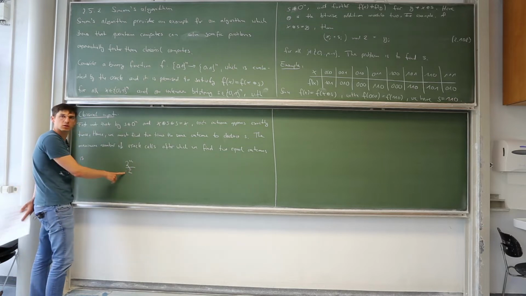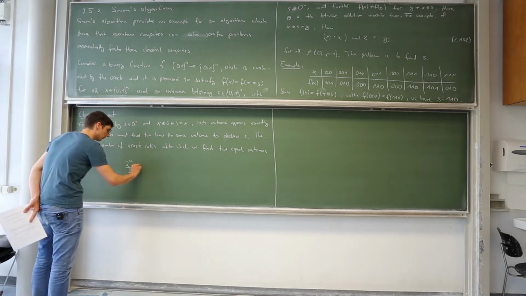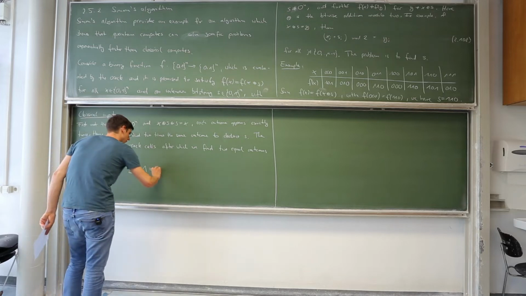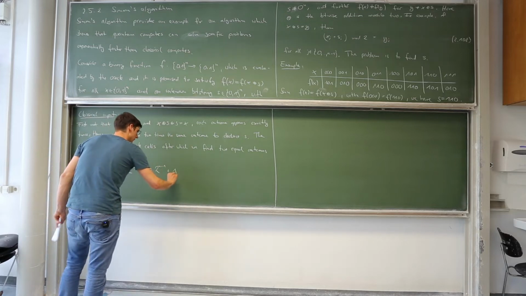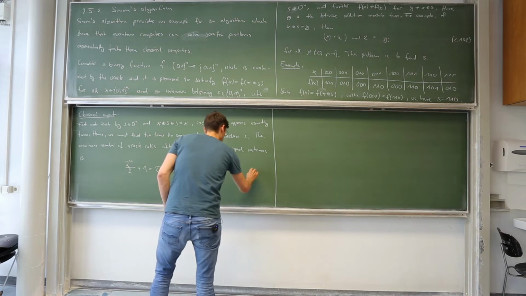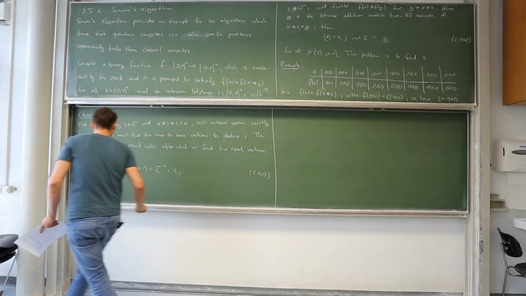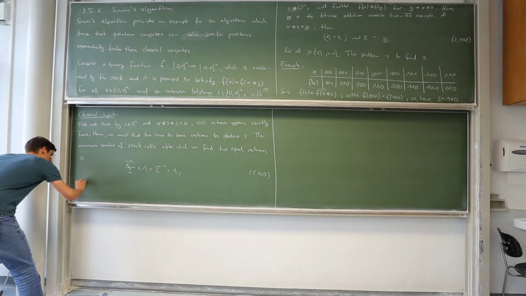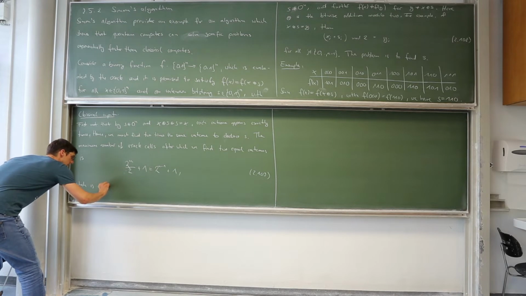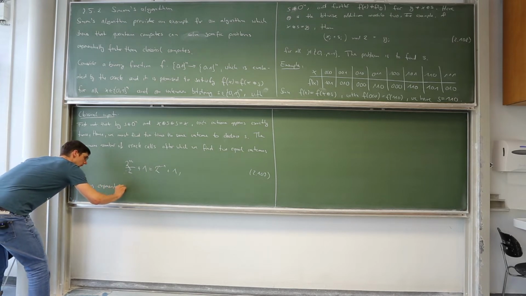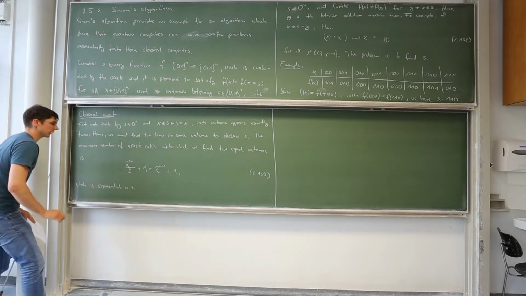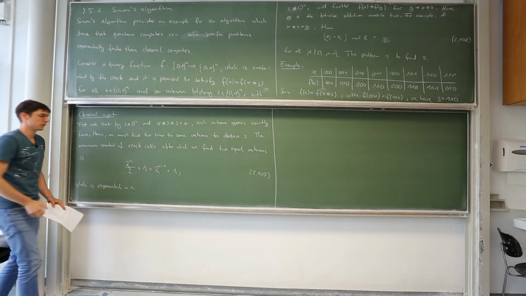So this is half of all possible outcomes plus 1, which is 2 to the power of n minus 1 plus 1. And you see that this is exponential in n. Okay? Well, but this is only the maximum number.